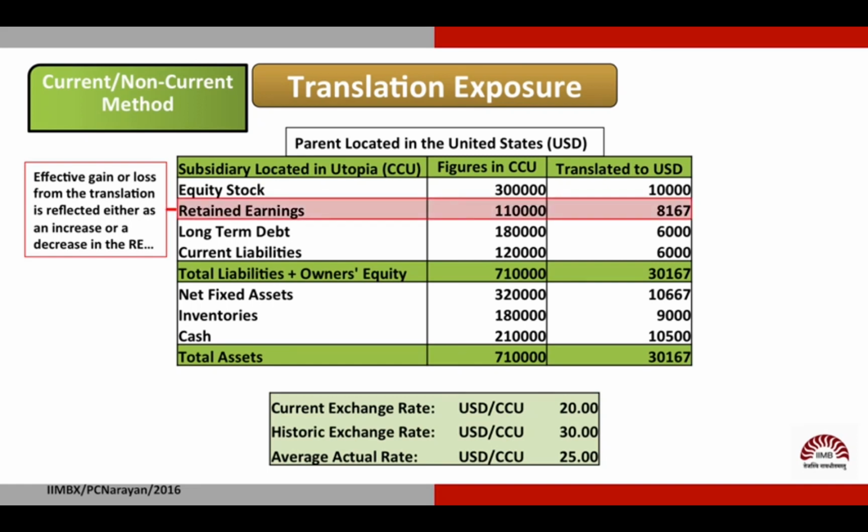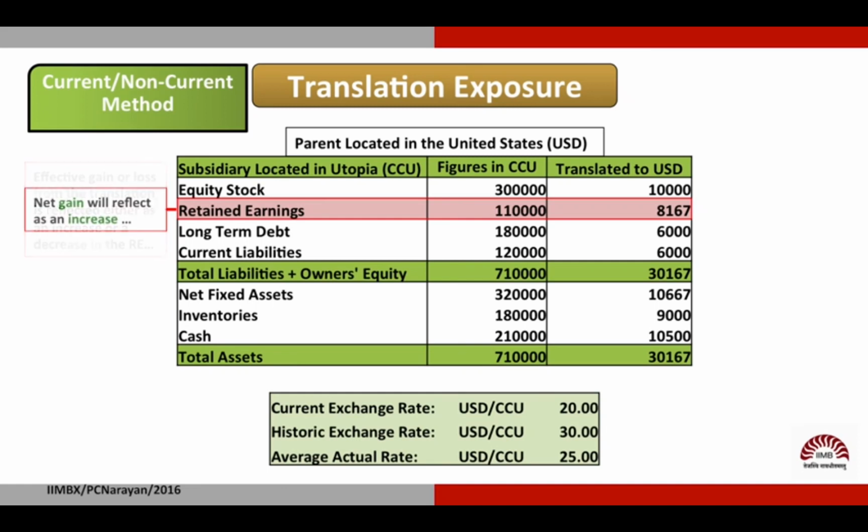That is, if the translation results in a net gain, it will reflect as an increase, and a net loss as a decrease in the retained earnings of the MNC. This method of translation was extensively used until mid to late 70s, but over time has rapidly given way to more sophisticated methods driven primarily by the need to implement more robust and consistent accounting standards across the world.